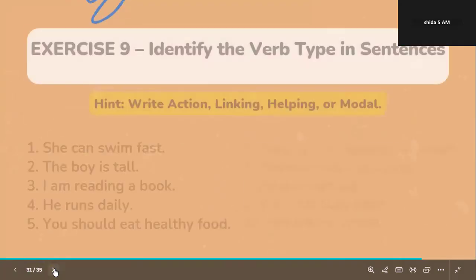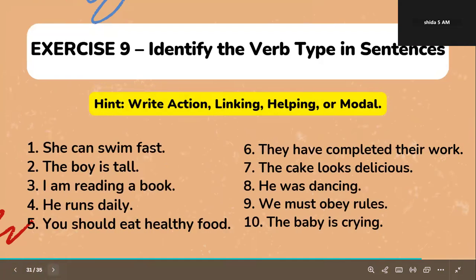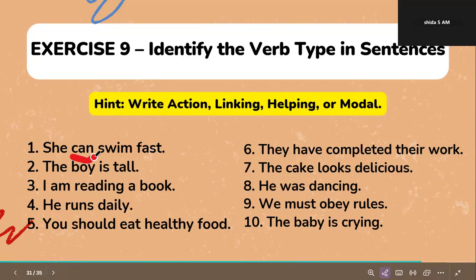The next exercise is based on identifying the verb type in a sentence. We have to write action, linking, helping, or modal. She can swim fast. So, it's a kind of ability. Can you see the verb in this? Yeah, can.